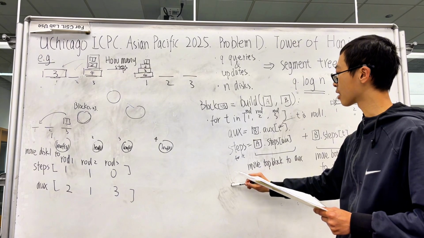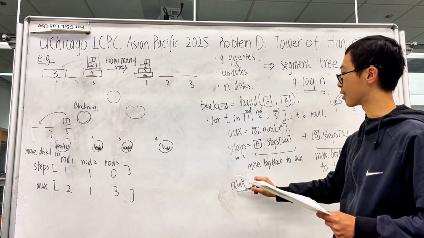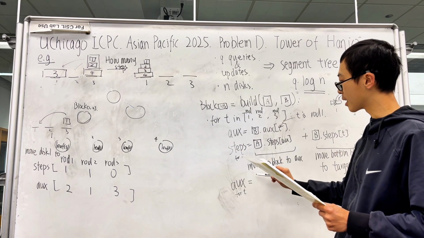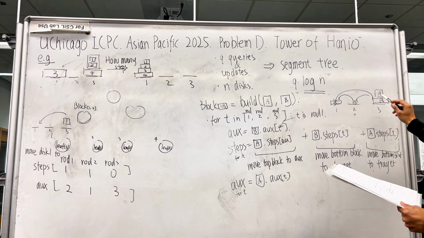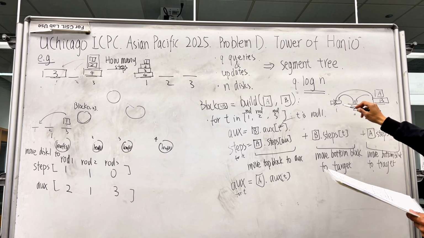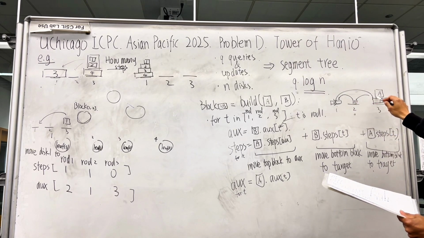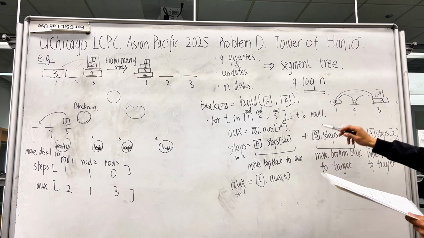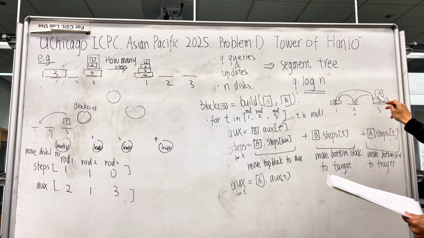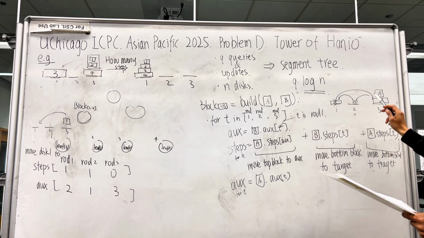And what is the auxiliary for T? The auxiliary will be A dot aux, because moving those two to the target, we will first need to move A to an auxiliary position. So the auxiliary rod needed is exactly the top block's auxiliary position.